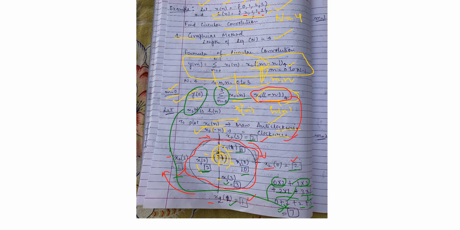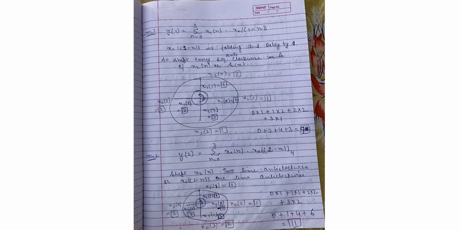Similarly, you have to perform this for m equals 1, m equals 2 and m equals 3, because m varies from 0 to N minus 1 and here N is 4, so 0 to 3. Now take m equals 1: y of 1 is the sum over n from 0 to N minus 1 of x1 of n, and in the formula it is x2 of the double bracket m minus n.